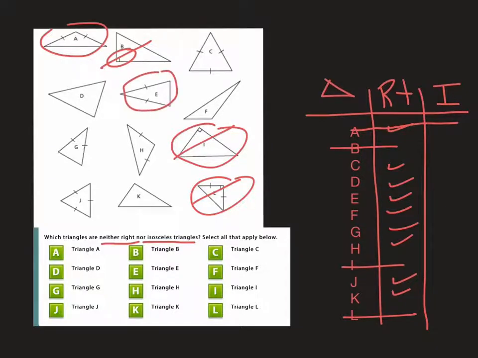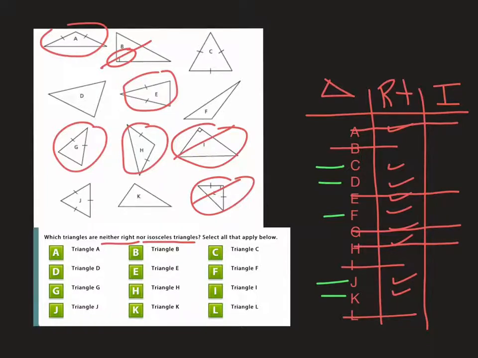E is isosceles, so that's out. G is isosceles, so that's out. H is isosceles, that's out. And we are left with 5 triangles: C, D, F, J, and K.